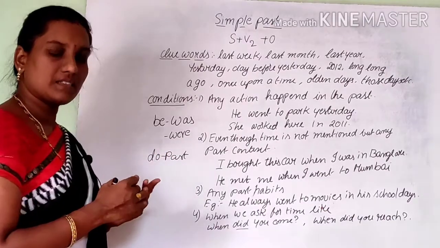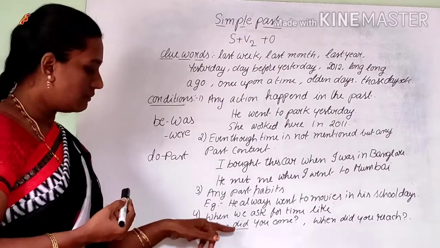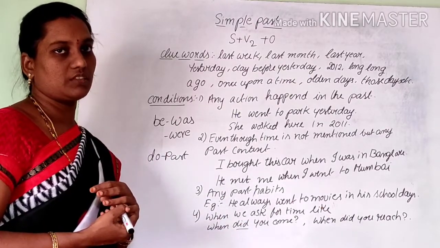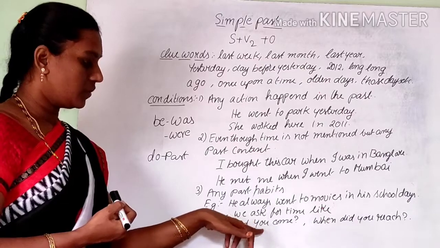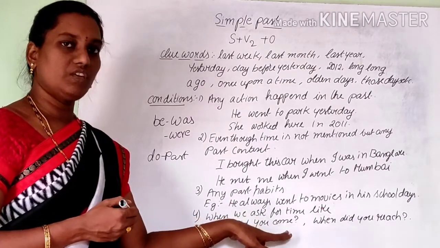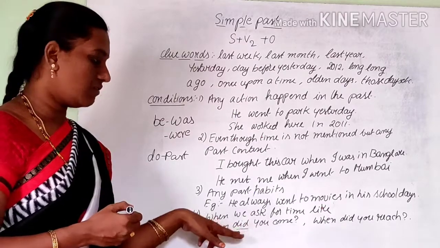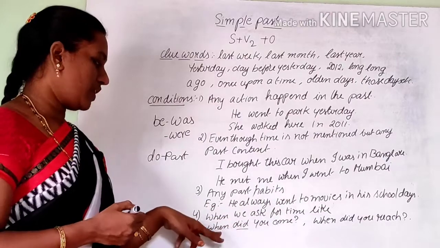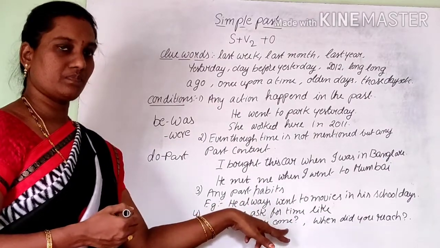Do form of past tense is did. In simple past we use did for asking questions. So did you come? And another thing is, after did V1 will be used. After did, which tense will be used in the verb? V1. When did you come?